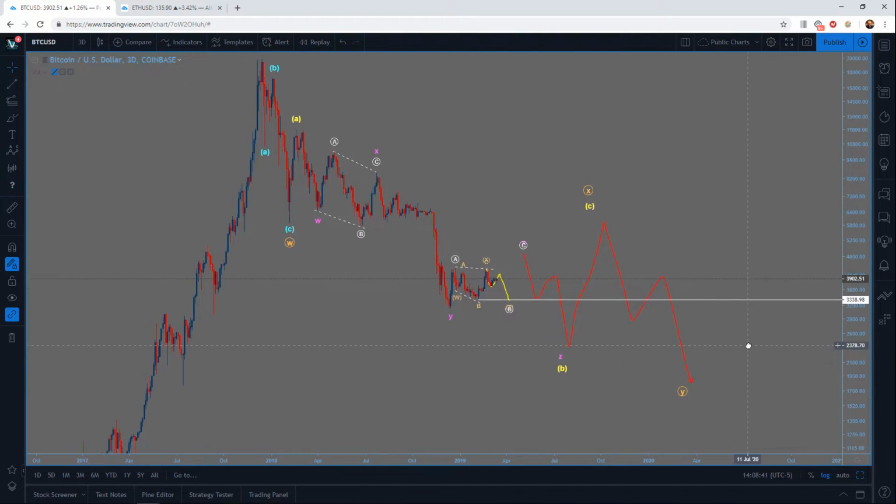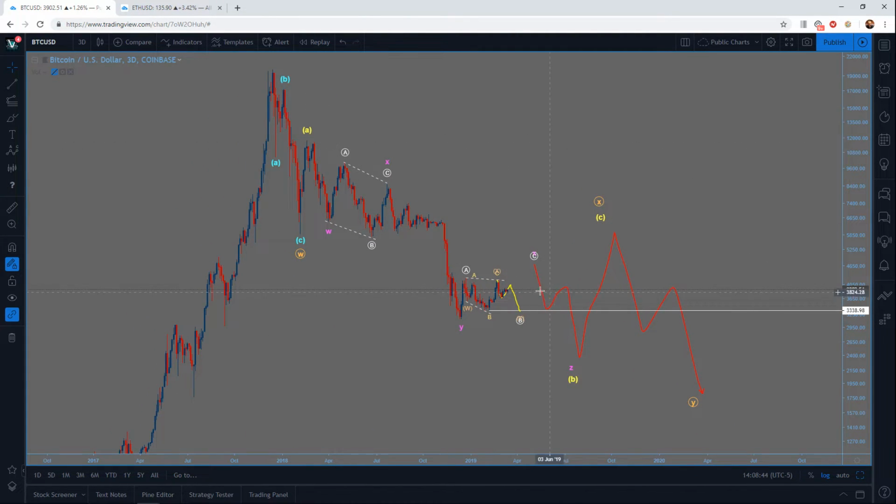Notice that I am on a 3-day chart for now. I have us in a W, massive X, that's forming a flat, like this.